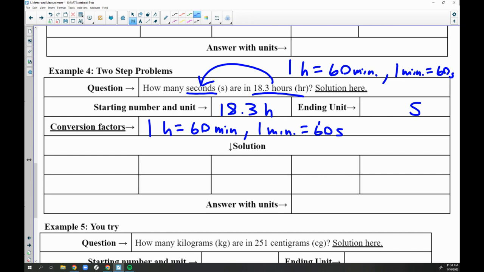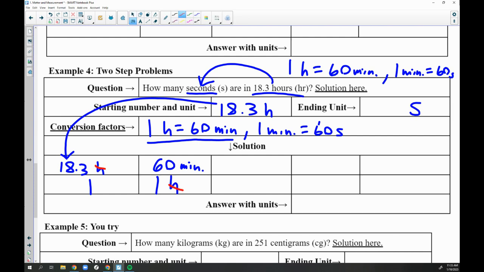Okay. As always, I'm going to put my starting number in the unit in this upper left-hand box, 18.3 hours, put it over on 1. And my first conversion, we're going from hours to minutes. So what goes on the bottom here? Can somebody tell me? Hours, specifically 1 hour, equals 60 minutes. And that enables me to cancel hours.